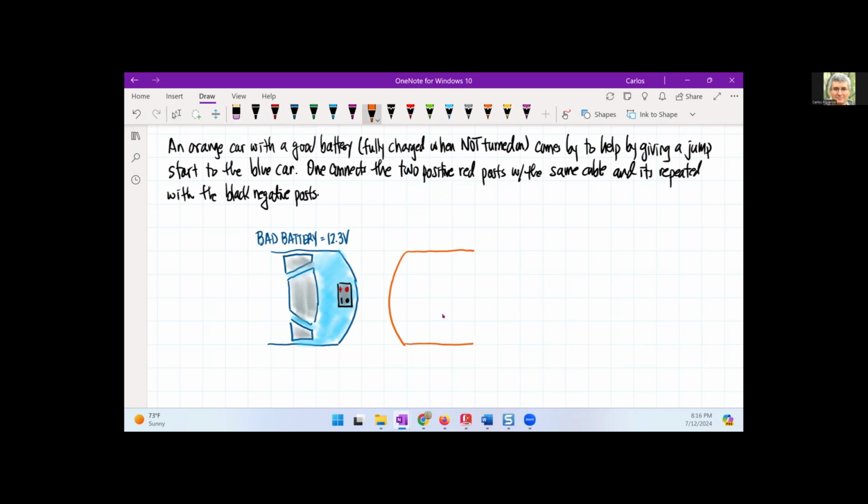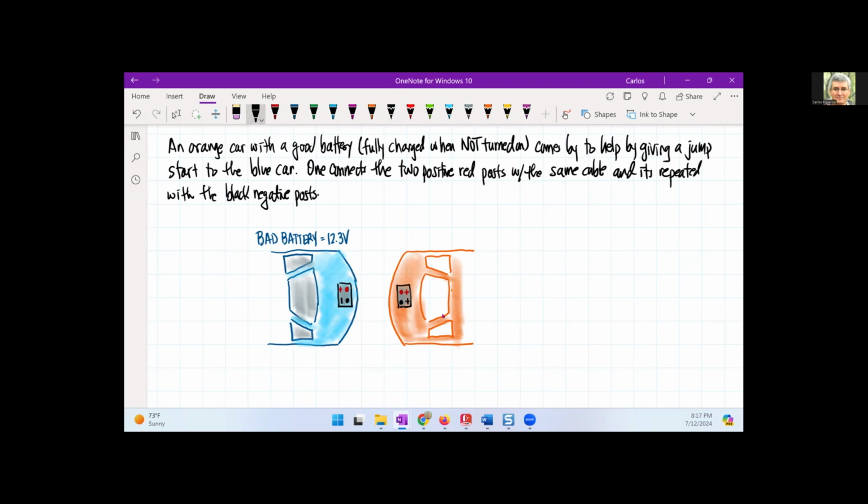And again, similar situation. We draw the windshield. And so when I'm looking at this car, we know that the battery is also right here in front.